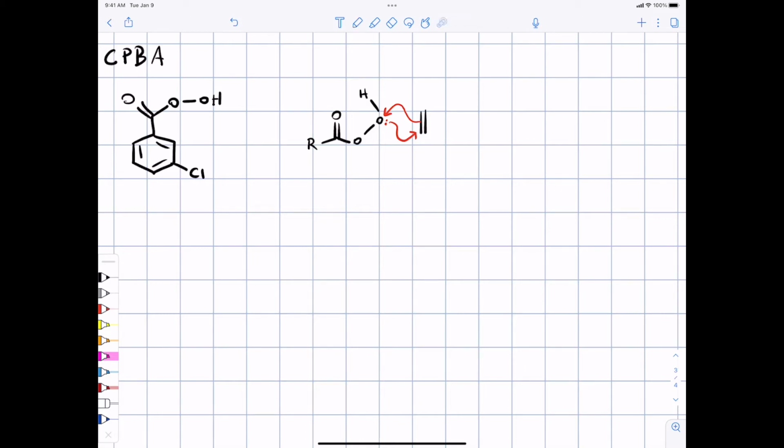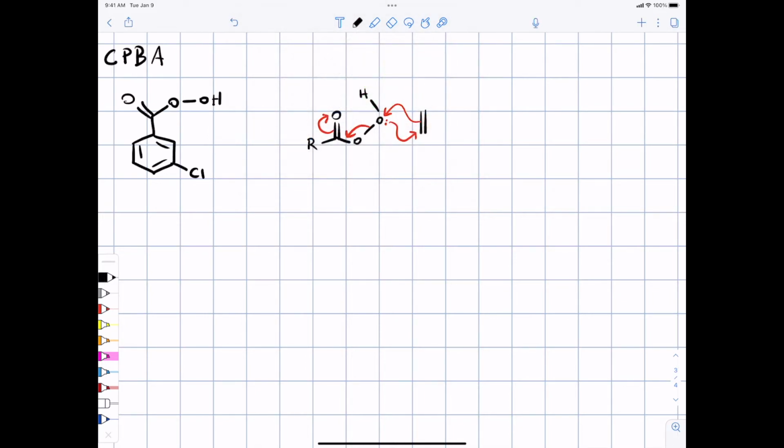We can't stop there because we'd have too many bonds to this oxygen, so we have to break the oxygen-oxygen sigma bond, and then what we're going to do reflects the fact that if we put these electrons on this oxygen as a negative charge, actually what we have is a resonance stabilized carbocation in which the negative charge can be on that oxygen.